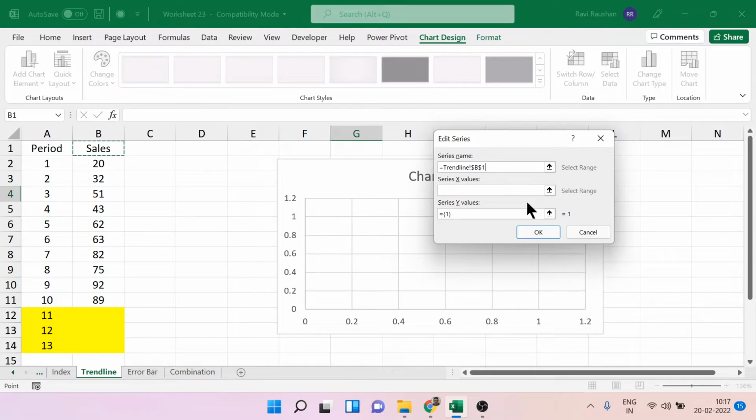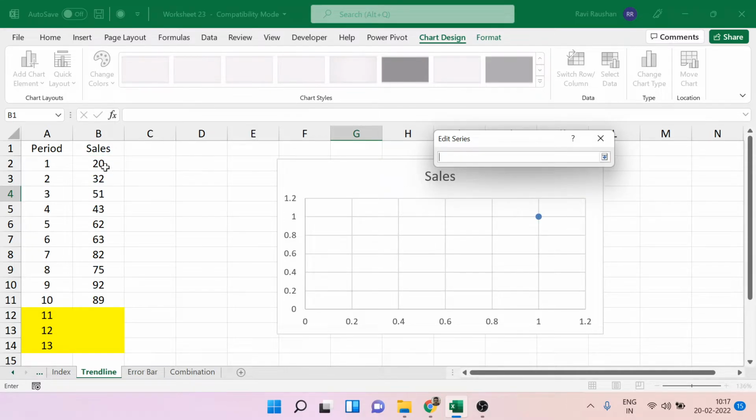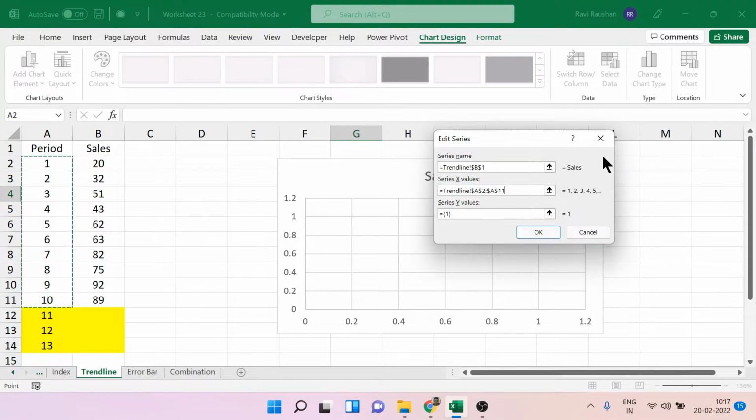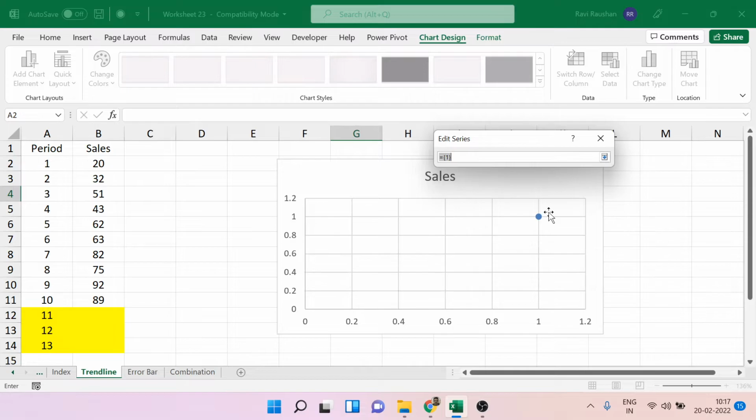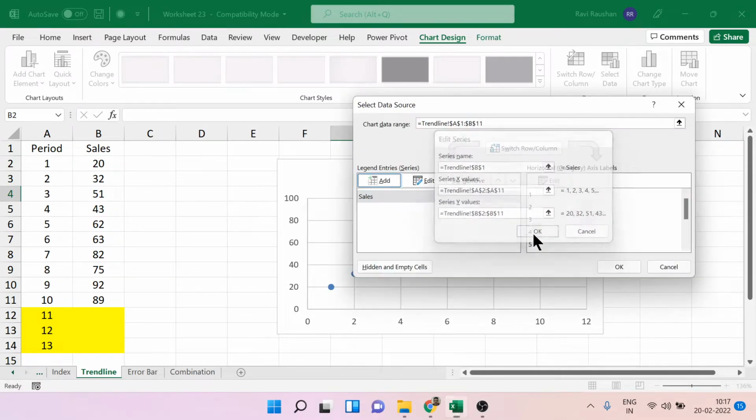Now they are asking for both values because a scatter plot needs an x value and a y value. So I choose the x value, that is your period, and I choose the y value, which is the dependent one, primarily because depending on the period the sale is happening. All right, now I click on OK.